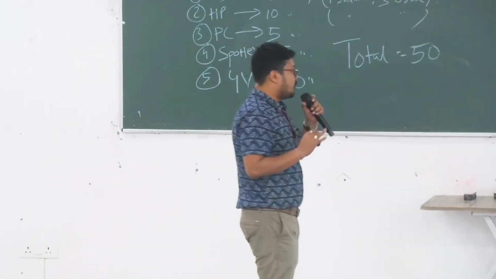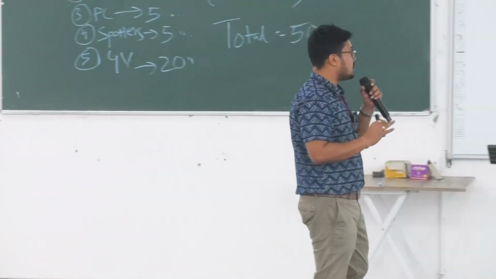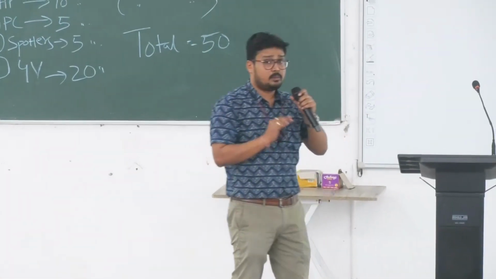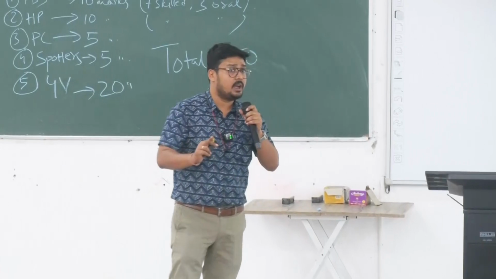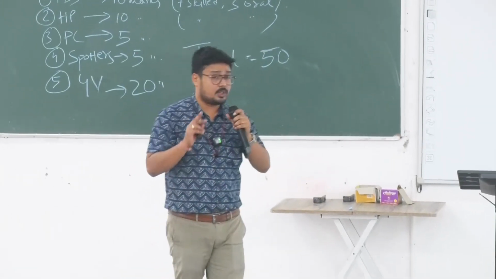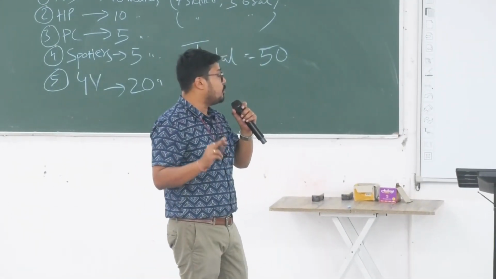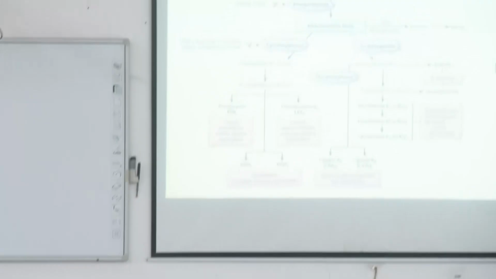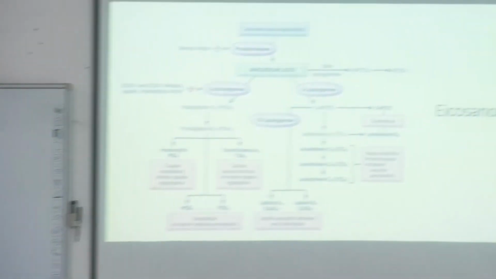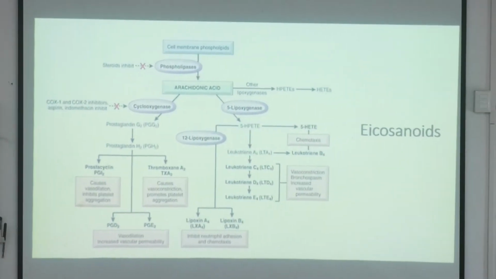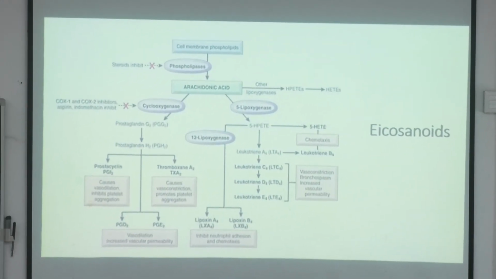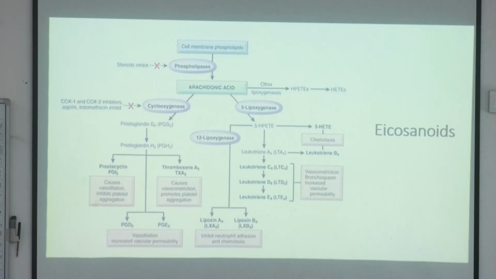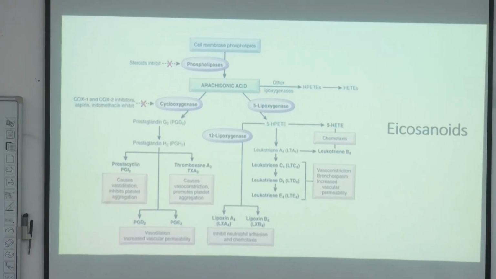Prostacyclin causes vasodilatation and inhibits platelet aggregation. I told you repeatedly, thromboxane A2 causes vasoconstriction and promotes platelet aggregation. Other prostaglandins, namely PGD2 and PGE2, are also vasodilators.